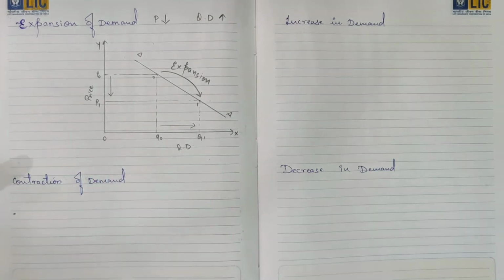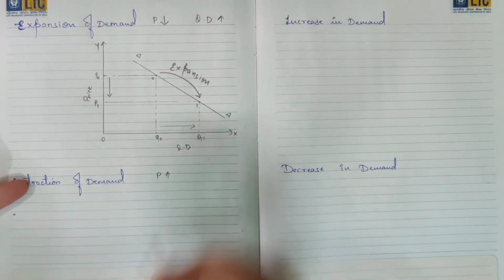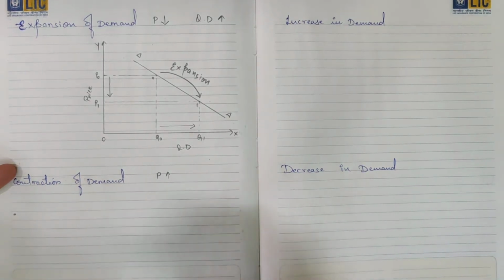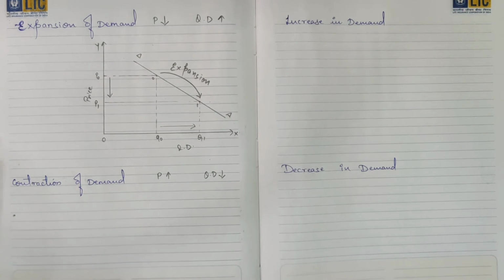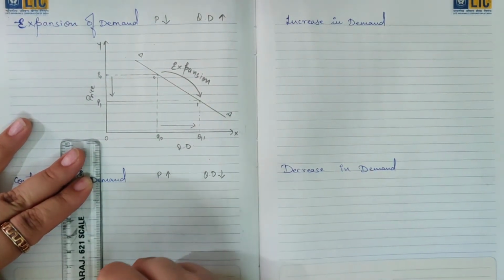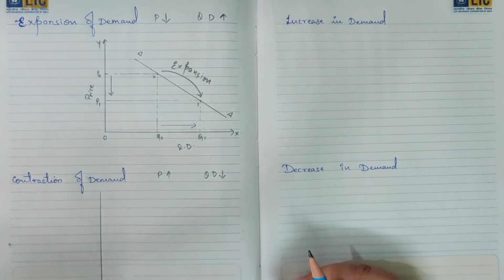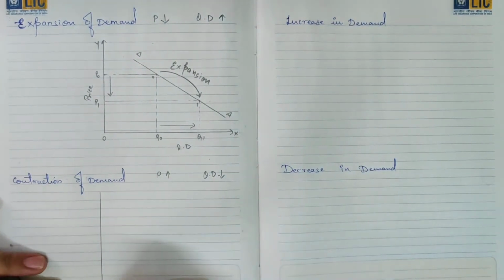Next is contraction of demand. The behavior is when price of the commodity tends to rise, then demand falls, quantity demanded falls. So the diagram is accordingly like this. Quickly we'll make the x-axis and the y-axis.